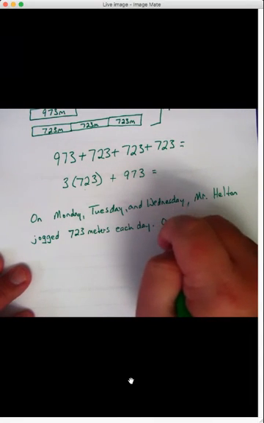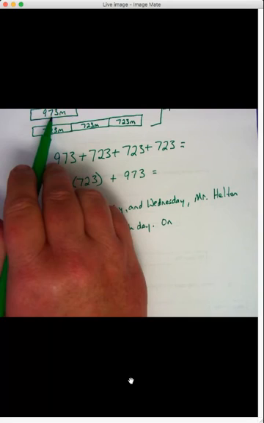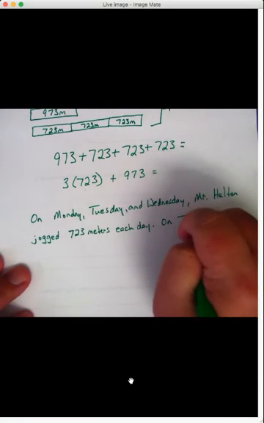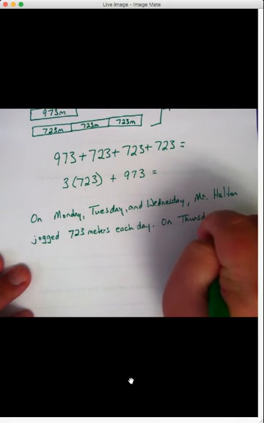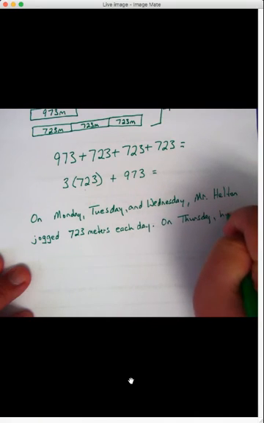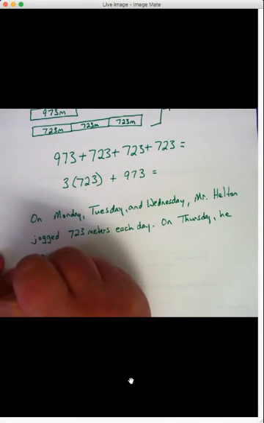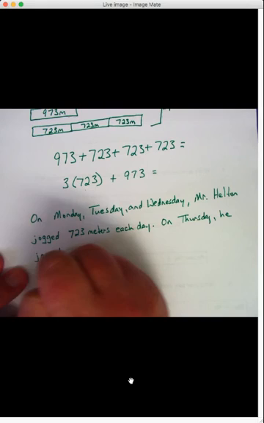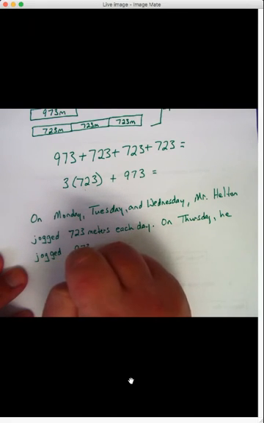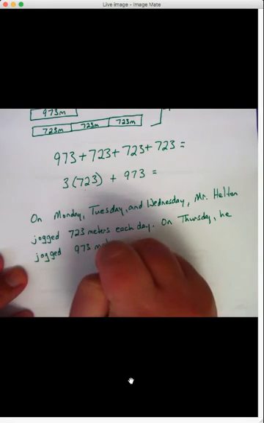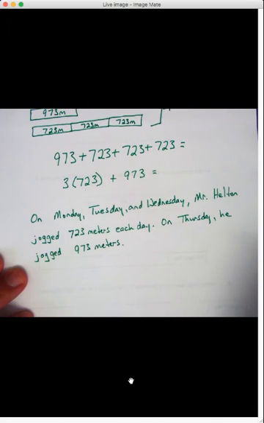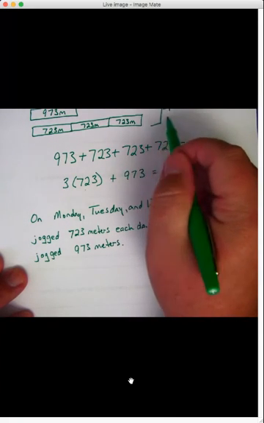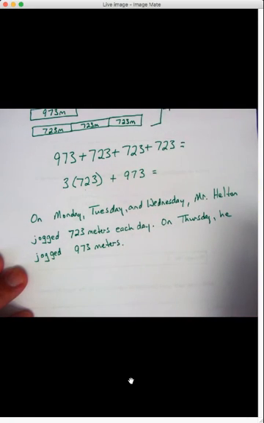And then on Thursday, we can do another day for this number. On Thursday, he jogged 973 meters. Okay, and then we're trying to find how much it is altogether. So what would we have to ask?